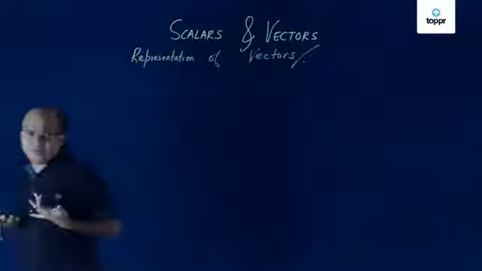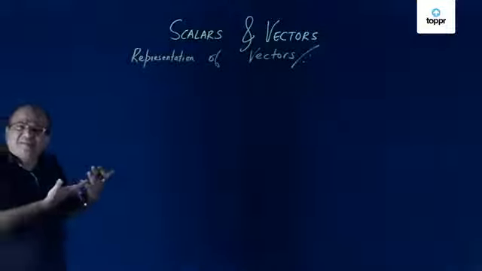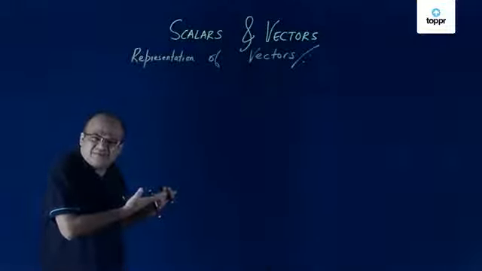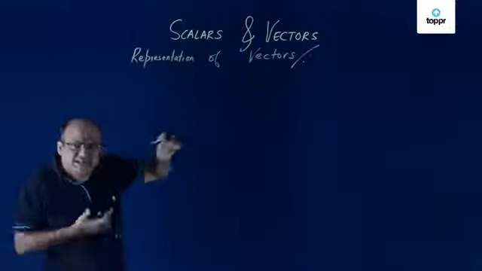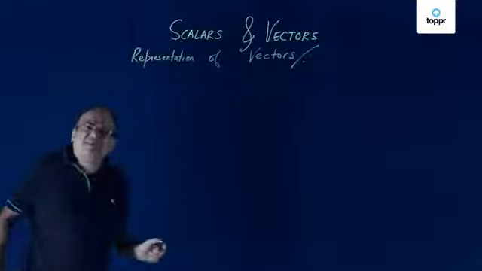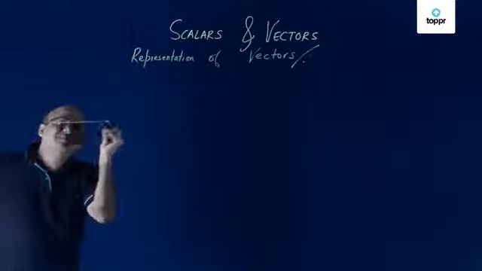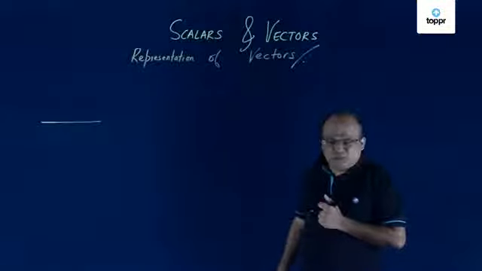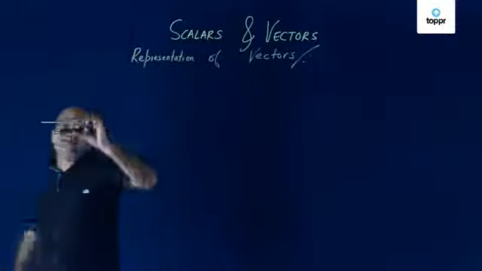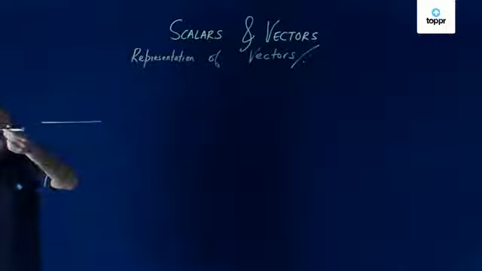Vectors have got direction. So how to represent direction? Suppose a body is moving in one dimension. That means the body is moving in a straight line. It can move in how many directions? 2. It can either move this way or that way.